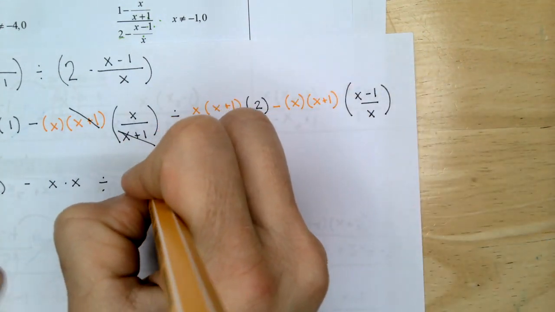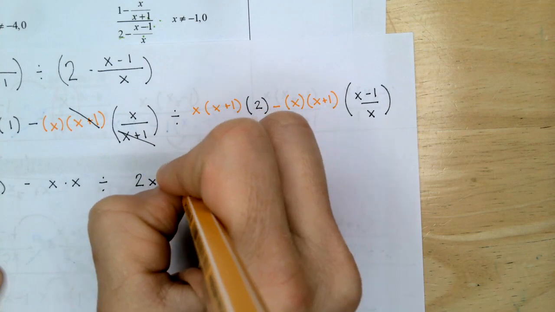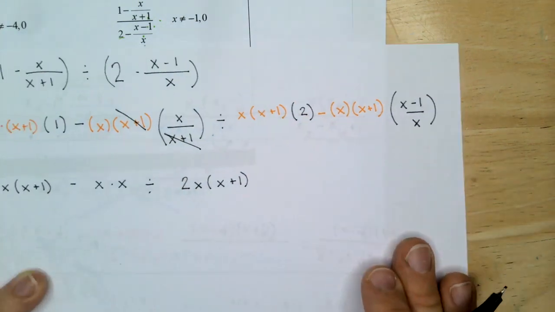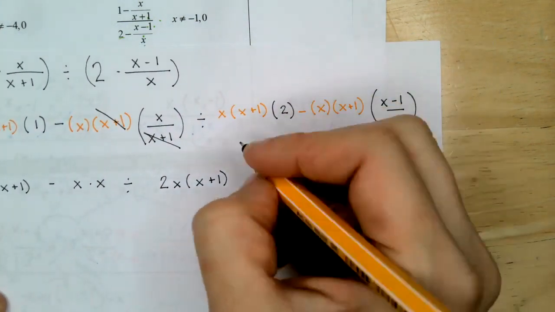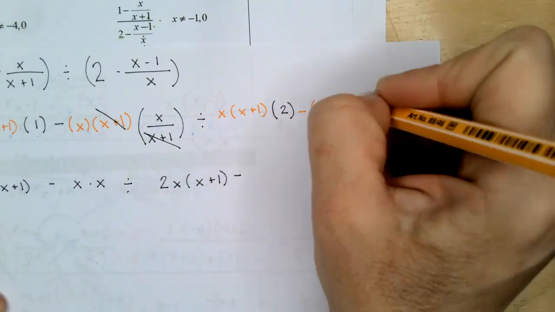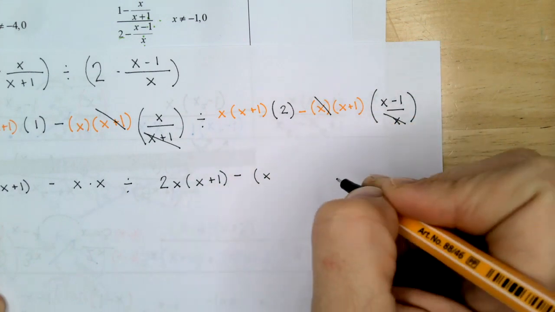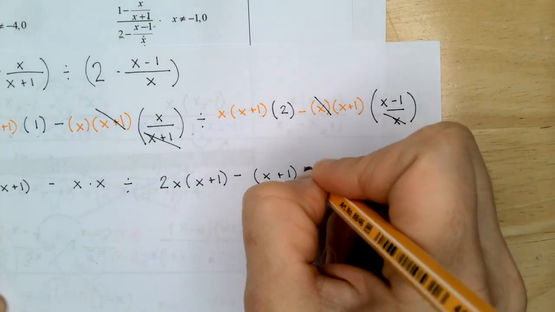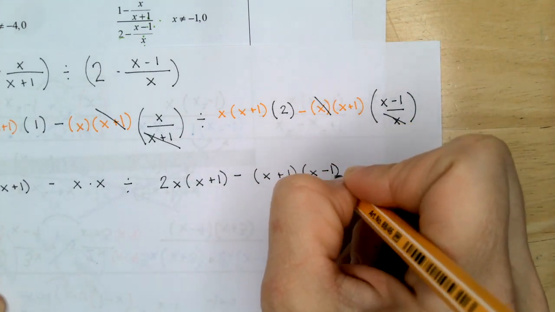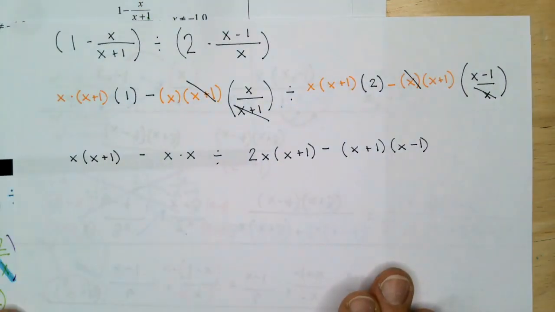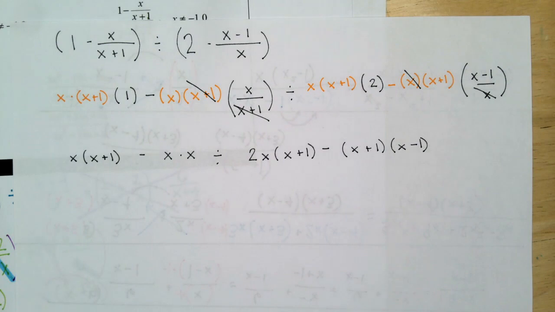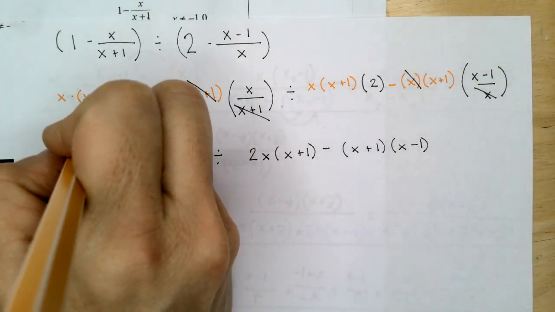That's just going to be 2x times x plus 1, minus. This cancels this, and we have x plus 1 times x minus 1. Good? Okay, so that becomes x.